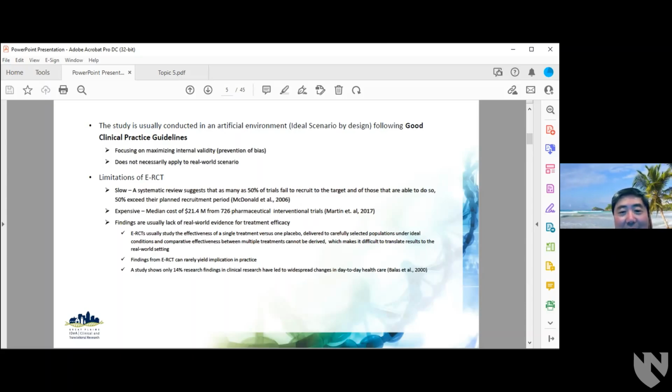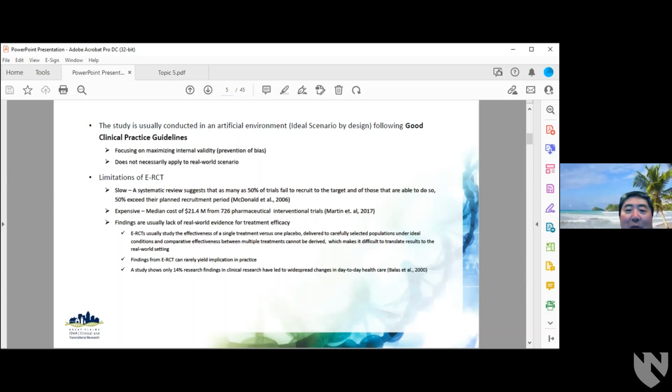There are a lot of people who give a summary review about the ERCT. Mainly, the shortcoming of the ERCT is that it is slow, generally speaking. The systematic review showed 50% of trials fail to recruit the target.